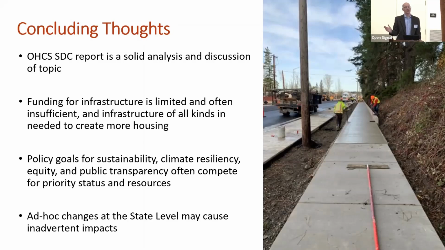What if there were no SDCs? Would we have an explosion of housing production? Would we have a collapse of public infrastructure? Would we be able to find those sources from elsewhere? How would the system look? So I was just curious if you had any thoughts on, if we could start over, how might we distribute those costs differently using the existing funding mechanisms that we have?